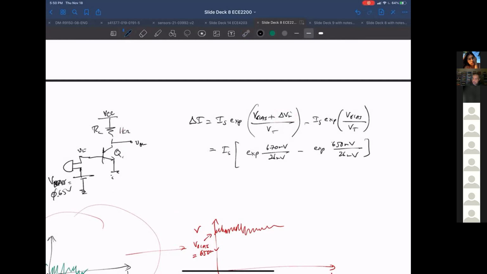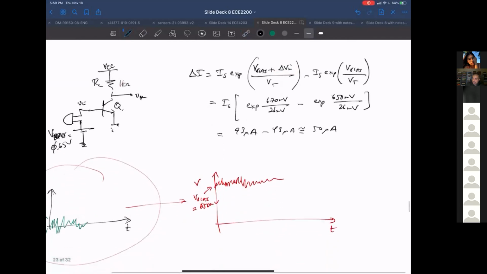And all this would give me 93 microamps minus 43 microamps, which is about 50 microamps change in current.